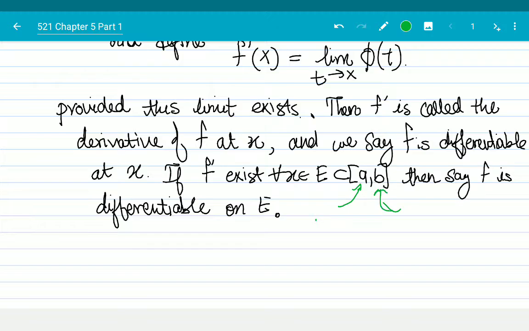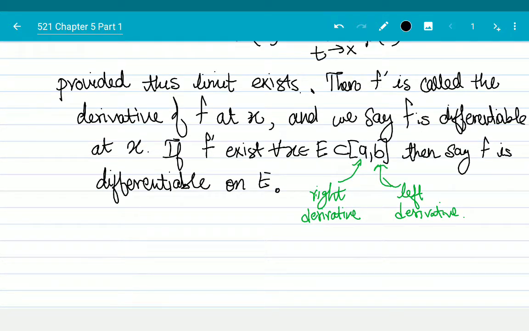So this would be the right derivative and the left derivative, if the limits exist.